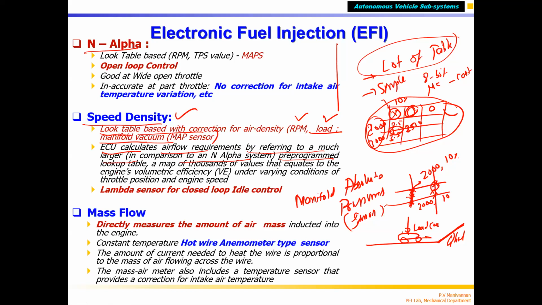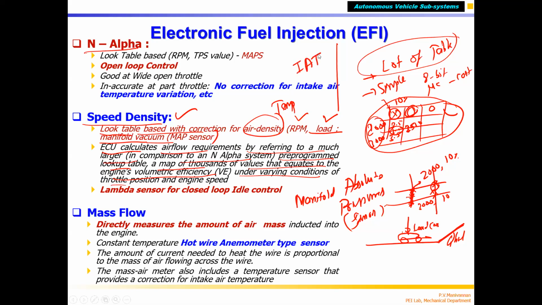Additionally, a pre-programmed lookup table, a map of values, should be equal to the engine volumetric efficiency under varying conditions, correct? Throttle. How? By measuring temperature, air density, correct? Temperature is measured. So inlet air temperature, they call it IAT.